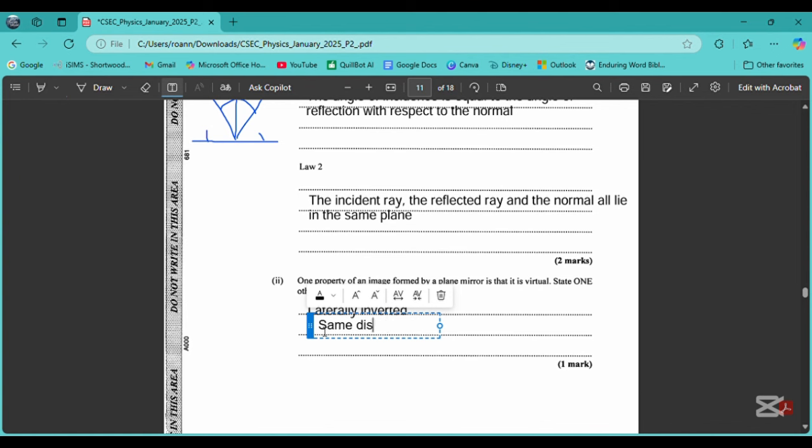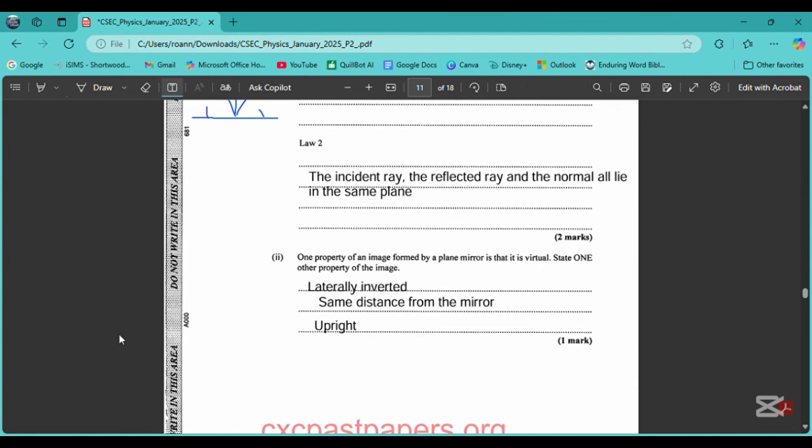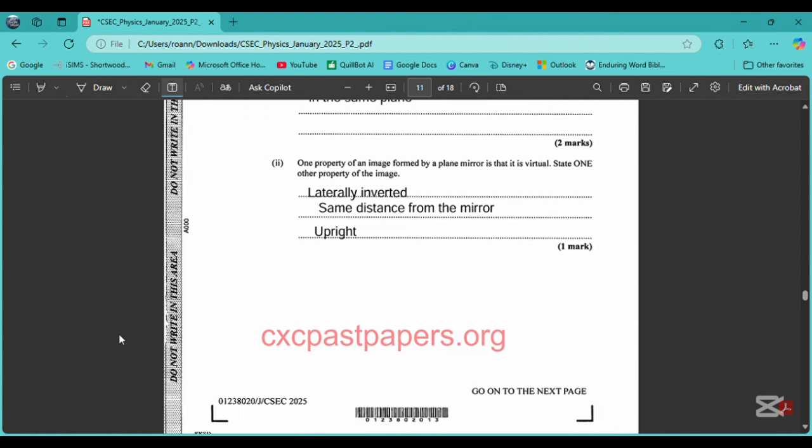It has the same distance from the mirror, or that it is upright. So it asks for one, and there are three here to allow for choices. So laterally inverted, it is the same distance from the mirror as the object, and it is upright.